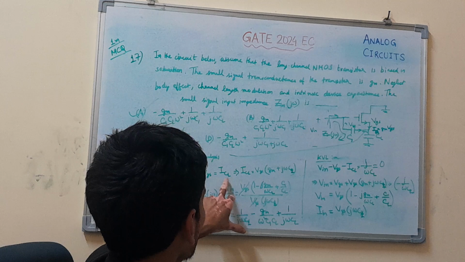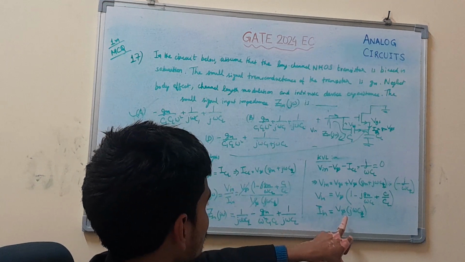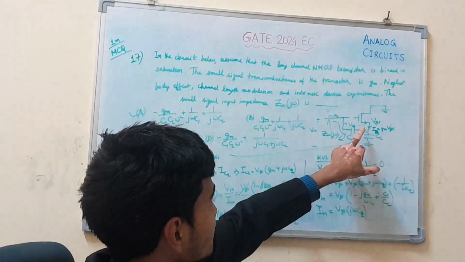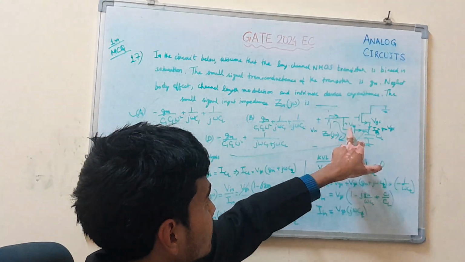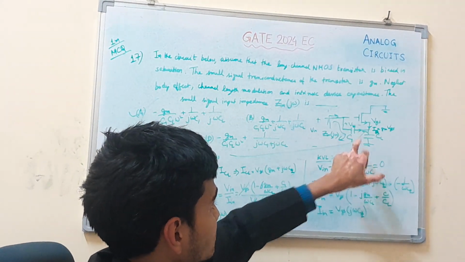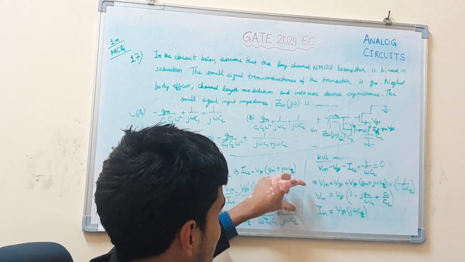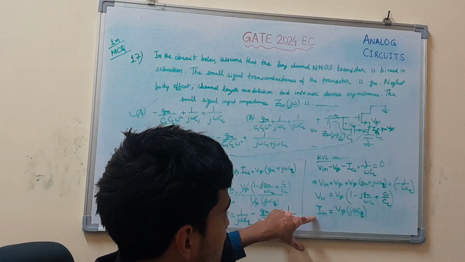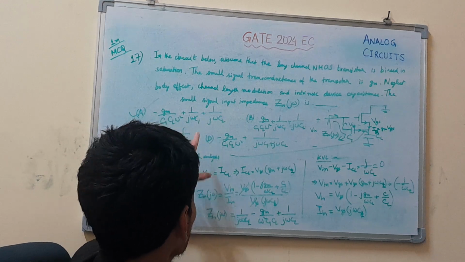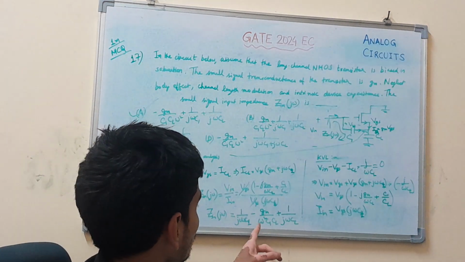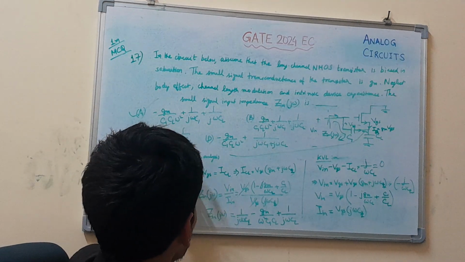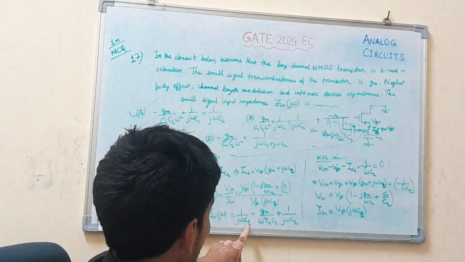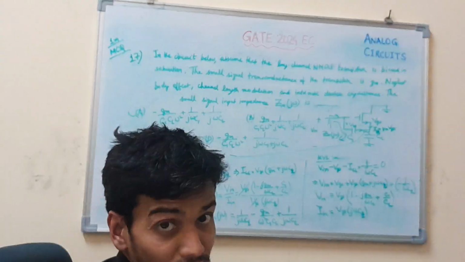I in can also be found in terms of VGS. Taking the ratio of input voltage and input current, we get the small signal input impedance as minus GM by omega square C1 CL plus 1 by j omega C1 plus 1 by j omega CL. This is option A.